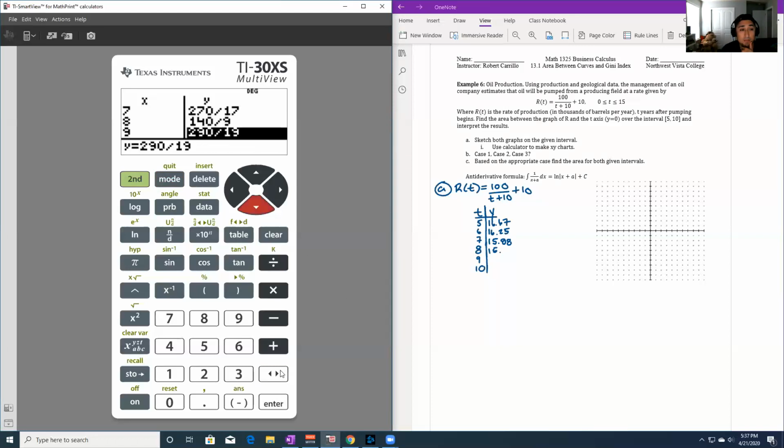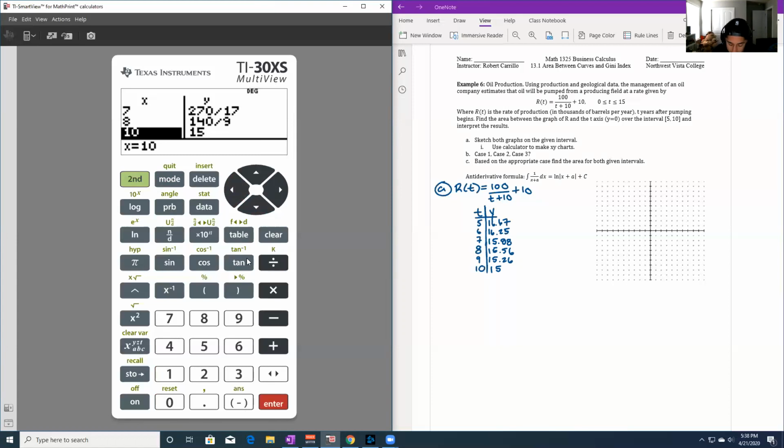Go down to 9, 15.26. And type in 10, 15. Hey, one nice number. Okay. There's the XY chart, or the T-Y chart for R of t.